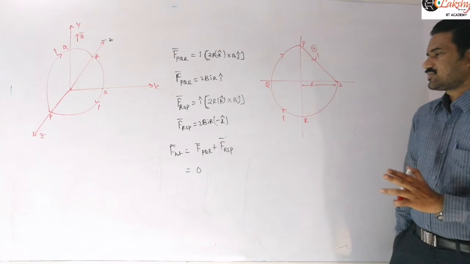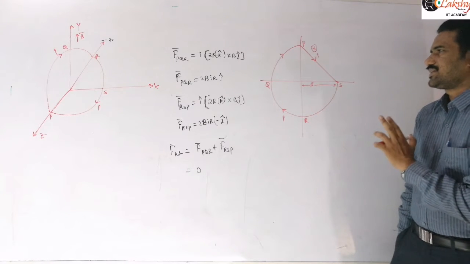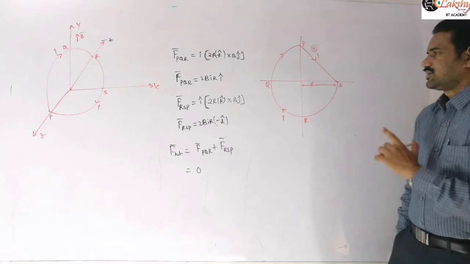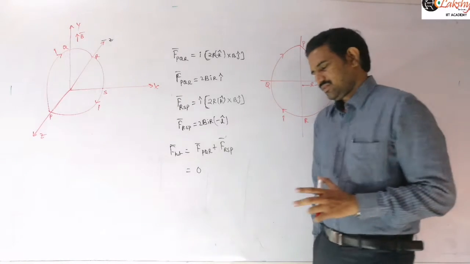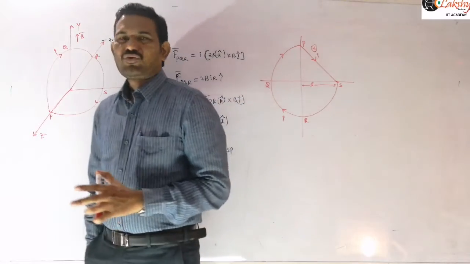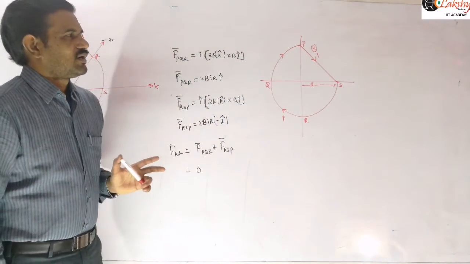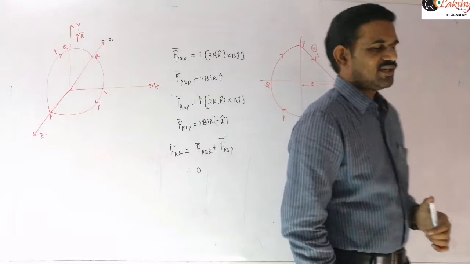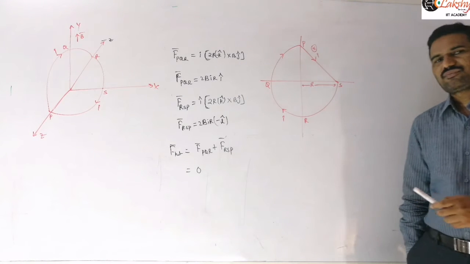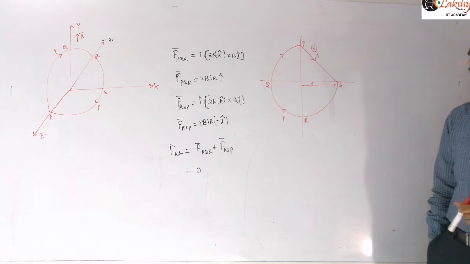If the force acting on the rod PS is F, then find the force acting on the semicircle PQR.